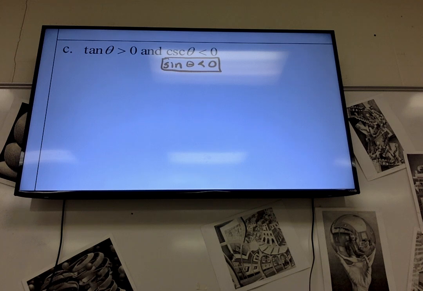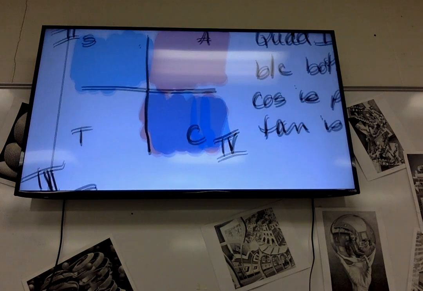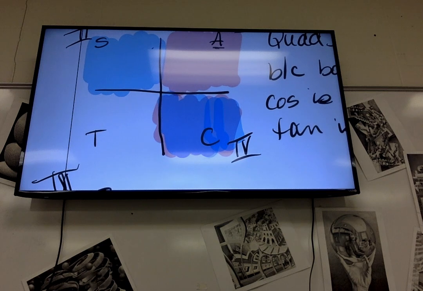There's only two options. It's either positive or it's negative. So like all these letters here, this is telling you which ones are positive. And then the other ones are negative. You only have sine, cosine, and tangent, just the main three. So if cosine is positive, then the other two are negative.